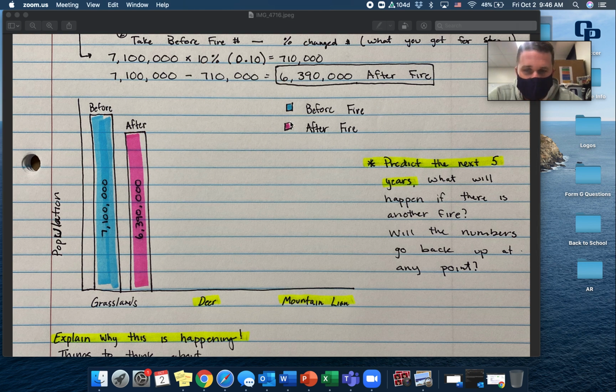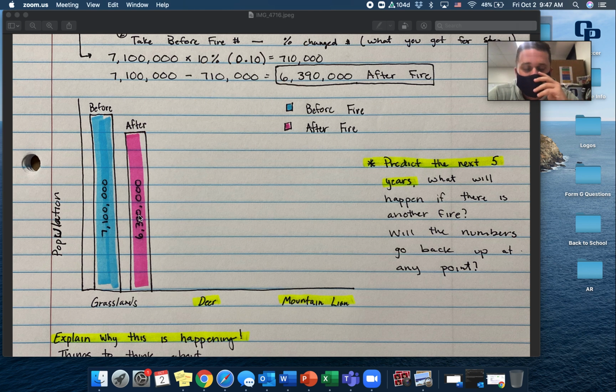Once you complete that graph, you're going to have 6 bars on this graph: before and after, before and after, before and after. Then you're going to predict. And I saw you turn in your prediction online. You can keep that prediction. So what will happen if there's another fire? Will the numbers go back up at any point? Let's say this number is after the fire. Let's say that the vegetation starts to grow back and deer eat more grass, and so the deer population starts to rise.